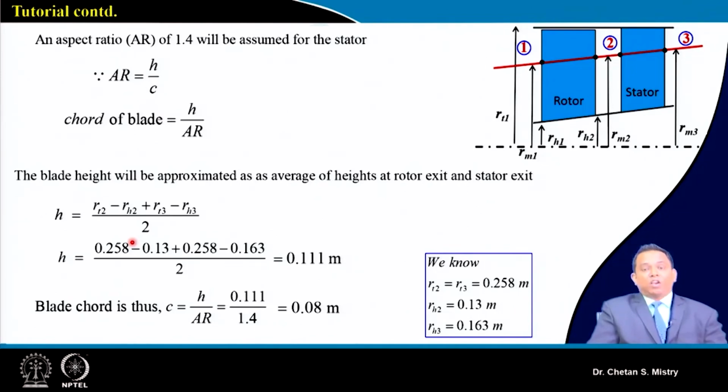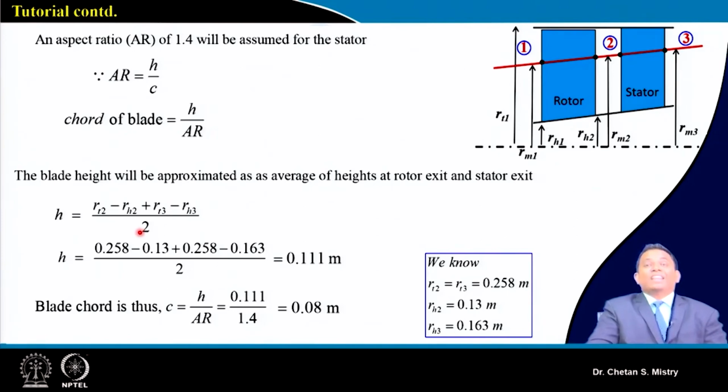So for the sake of understanding, here also let's assume the aspect ratio to be 1.4. This 1.4 is coming with a certain assumption in order to get the chord of our stator. As we have discussed, we need to calculate our height based on entry height and exit height, and this is my average height.